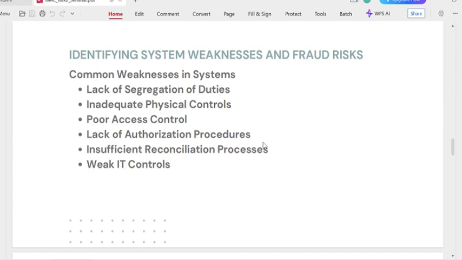There is a person who is responsible for paying the invoices. You are a manufacturing concern, like a textile company. You're getting the supplies and making the payments, and there is only one person who is responsible for both approving and paying invoices. So they can easily create fake invoices and pay themselves.